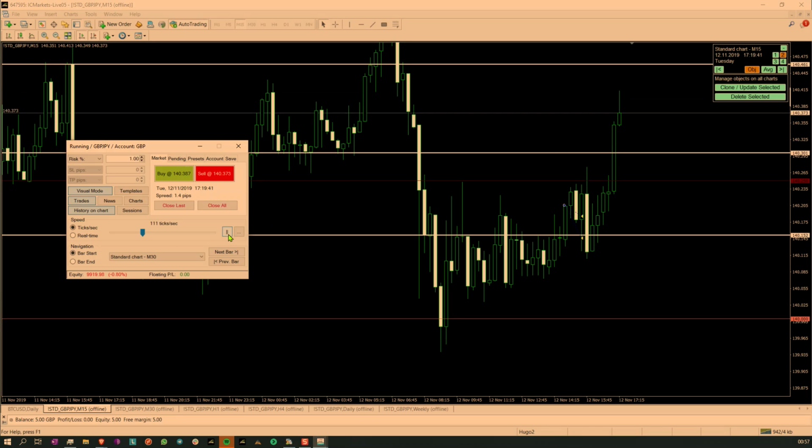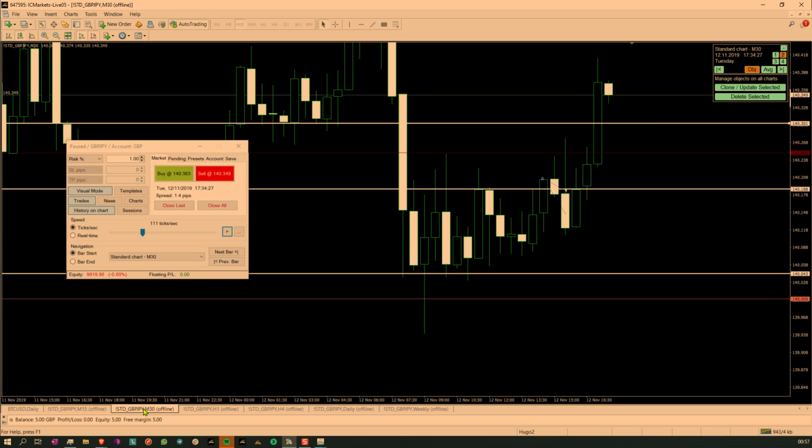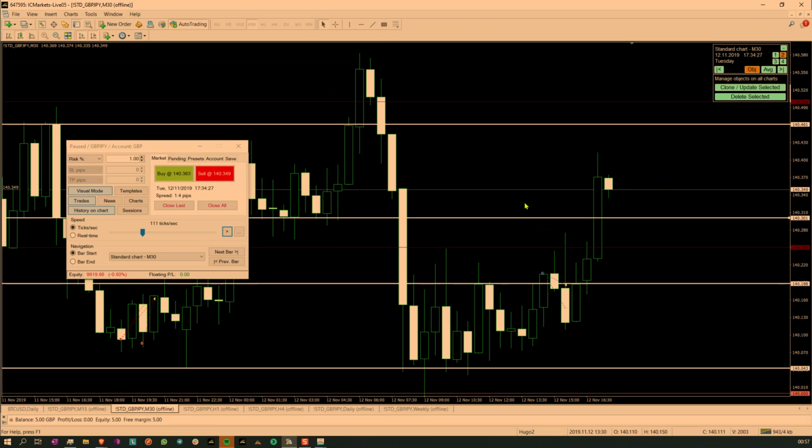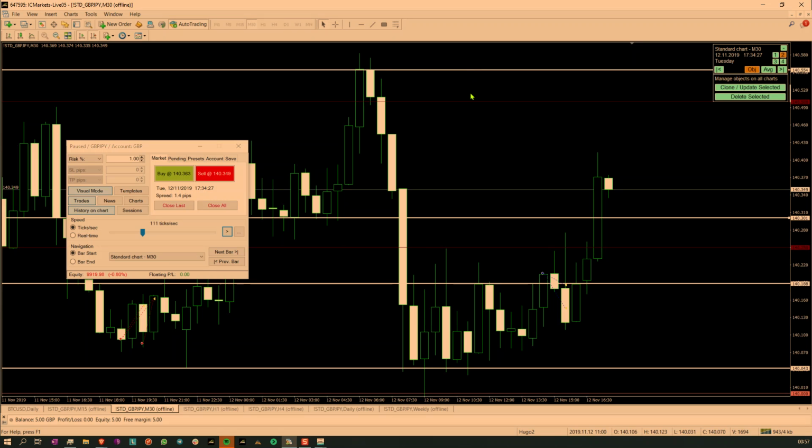Okay, this is the M30 close. This one was the bullish candle, was the M30 close, but we have a lot of clean traffic to the upside.